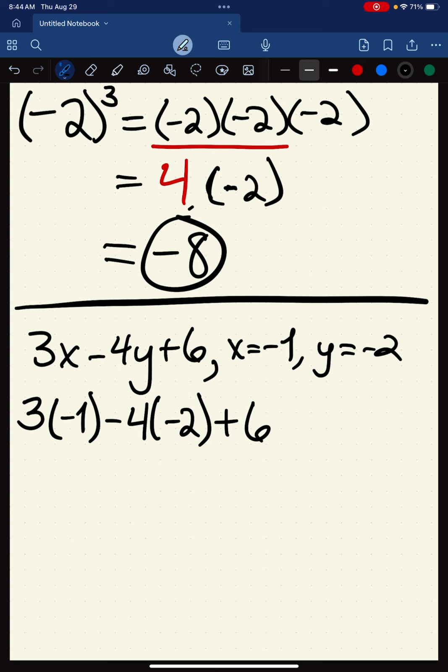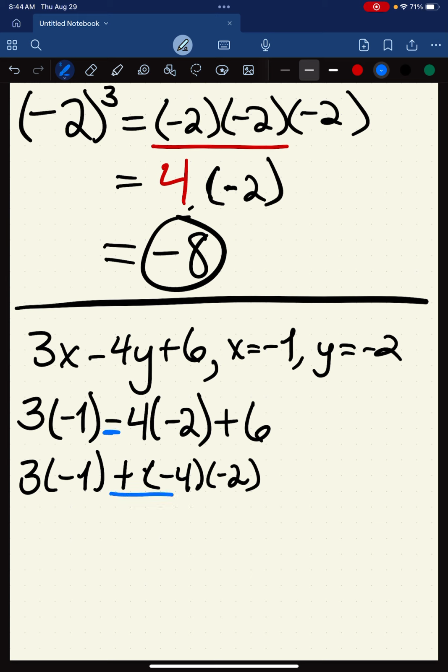And then I'm going to go ahead and rewrite this. 3 times negative 1 plus, I'm just going to make this plus negative 4 times negative 2. If you recall, this minus sign is the same thing as plus a negative. Plus 6. Okay, here we have a positive times a negative, that's a negative. Here we have a negative times a negative, that's a positive. And then we have plus 6.